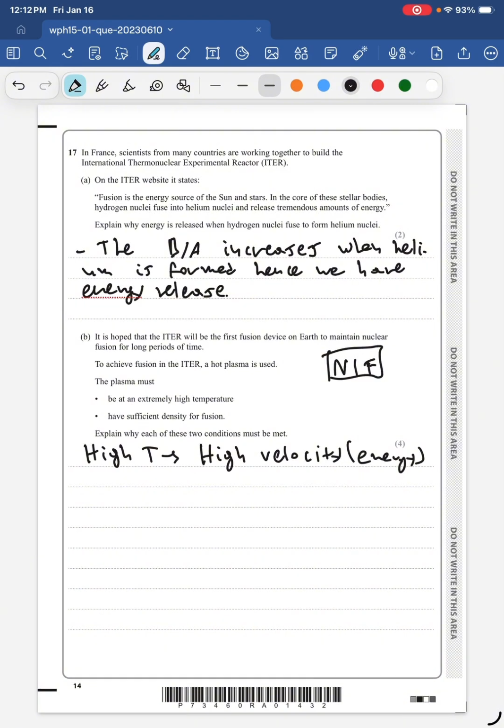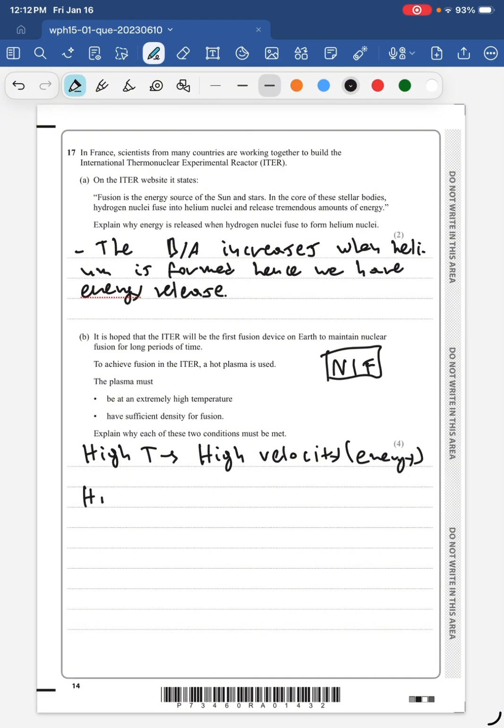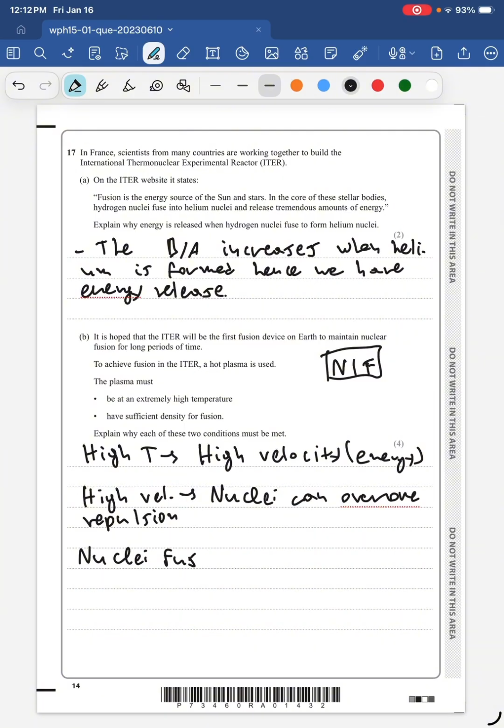High velocity means nuclei can overcome repulsion, right, and fuse. So nuclei fuse due to high energies.